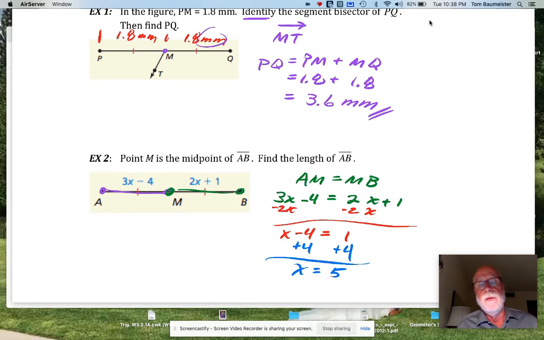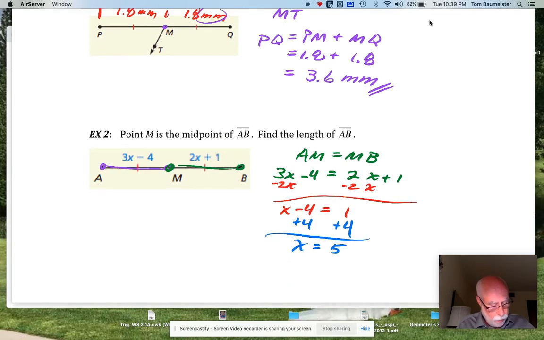So now, is that our answer? No, they want us to find the length of AB. So we know that AB is equal to AM plus MB.